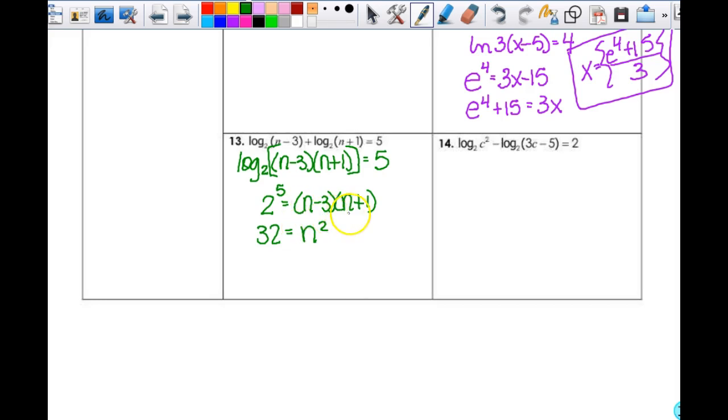Then outside is n, inside is negative 3n, so that'd be minus 2n, and then minus 3. I have a quadratic here, so I need to set it equal to 0. So 0 equals n squared minus 2n minus 35.